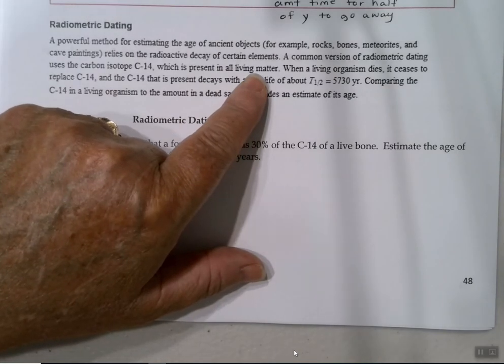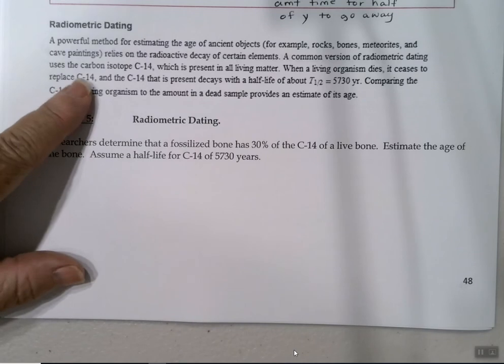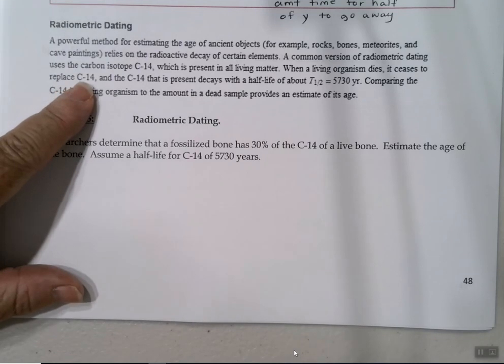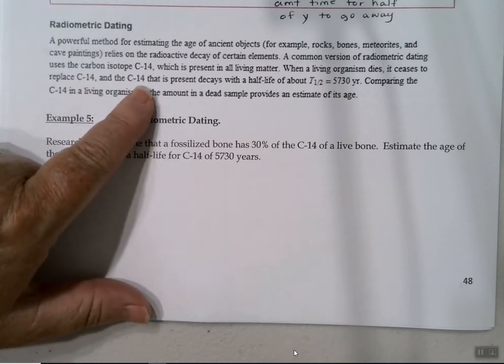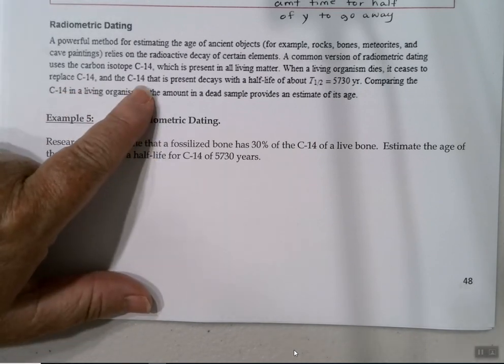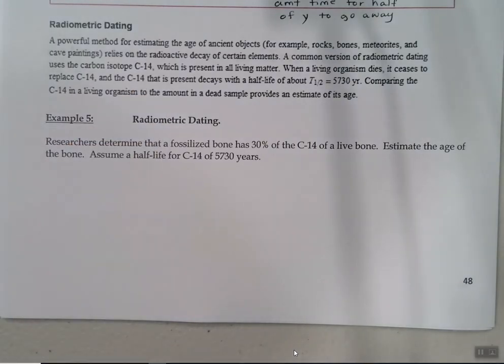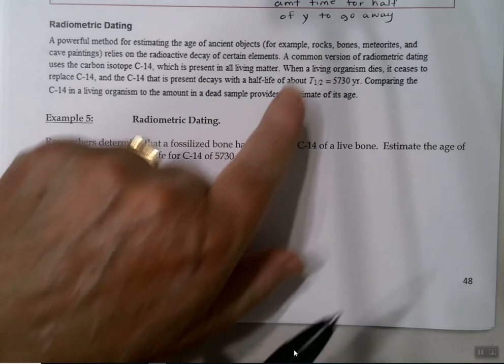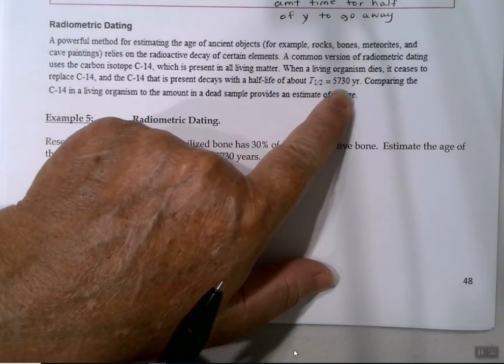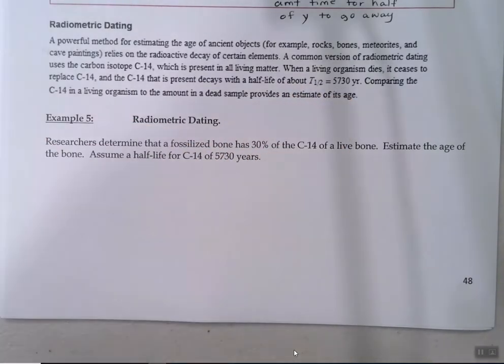When the living organism dies, the C14 doesn't get replaced. It experiences exponential decay. So by measuring how much C14 is still present, we can figure out how long ago that particular organism died. Okay? The half-life of carbon-14, the T1/2, is 5,730 years.